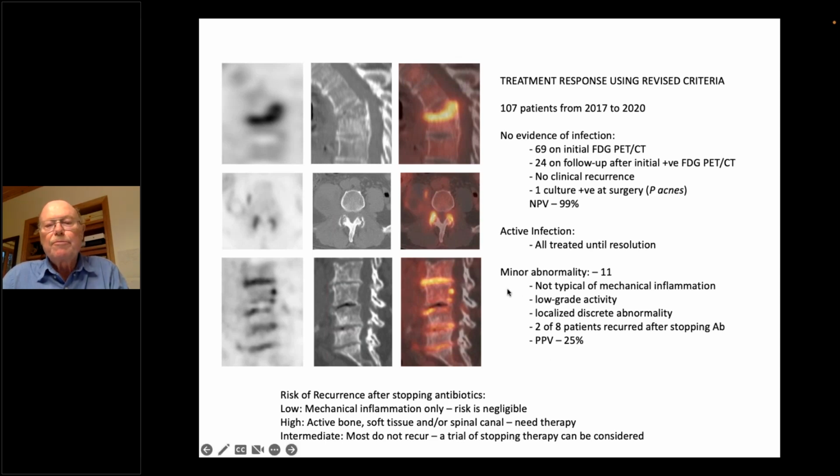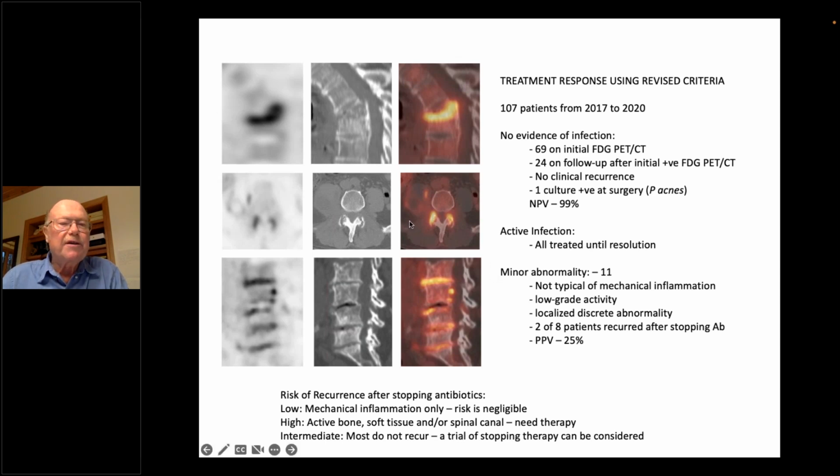But 11 patients had minor abnormalities that were not typical of active inflammation, as we see in the top row here. All the activity appears to be within the destroyed joint, but there's no end plate sclerosis, and some bone fragments in the middle, so there's really no bone-on-bone contact to cause inflammation from the grinding.